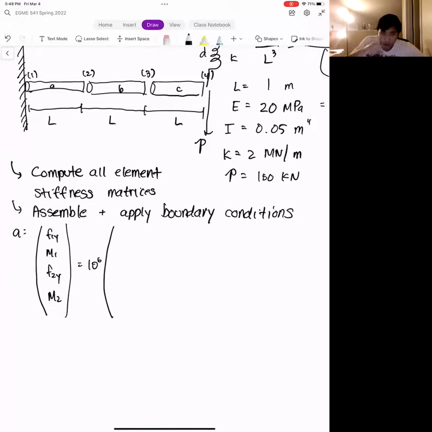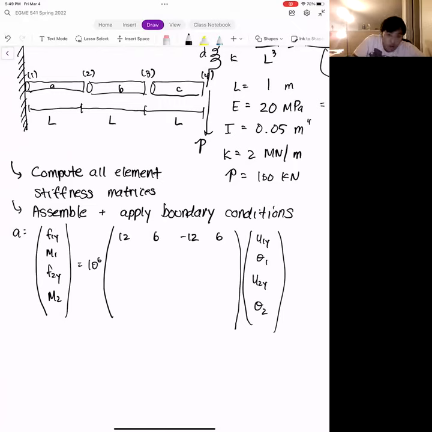Our element stiffness matrix here is going to be 12, then 6 times the length, which is just 6 because our length is 1, then minus 12, and then another 6. This is equal to U1y, theta 1, U2y, theta 2. Or excuse me, that's the solution vector on this node.